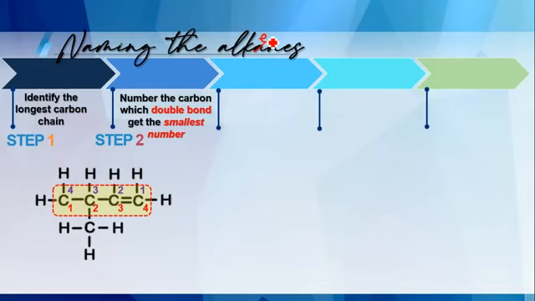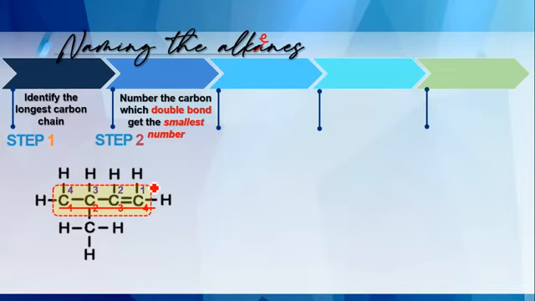But you need to make sure that the triple bond gets the smallest number. So over here, your triple bond can get number 1 or number 4. Of course, number 1 is the smallest. If that is the case, we're going to use the purple numbering system. Okay, so this is how you do it.